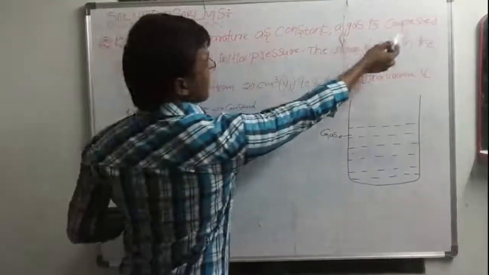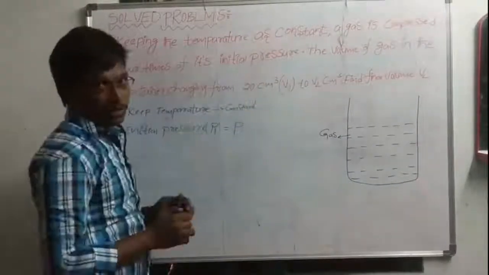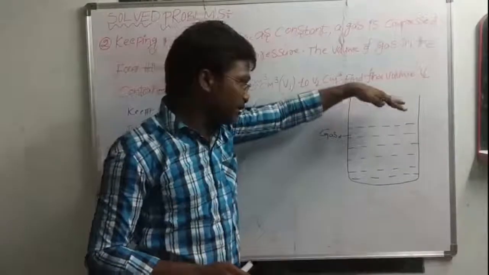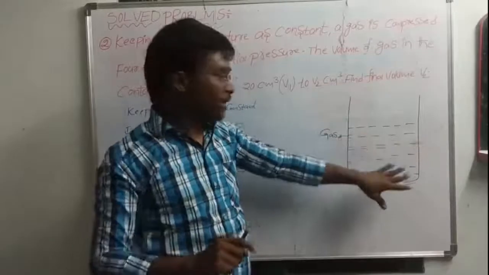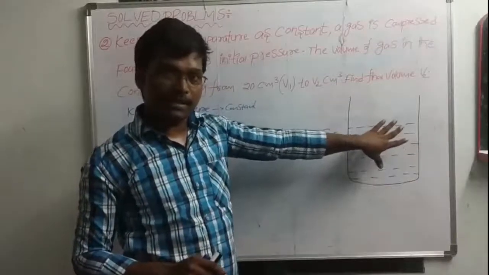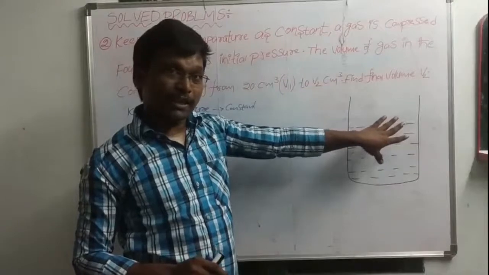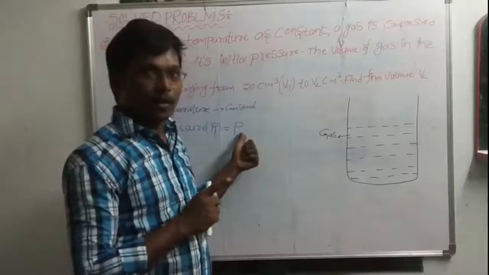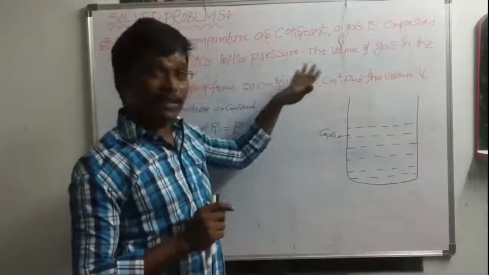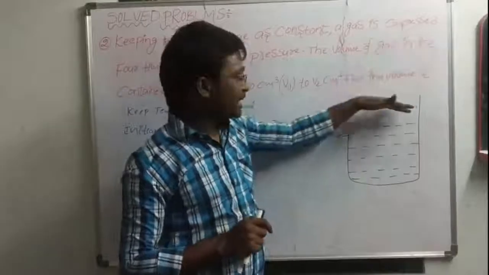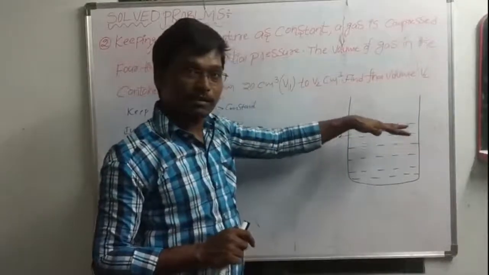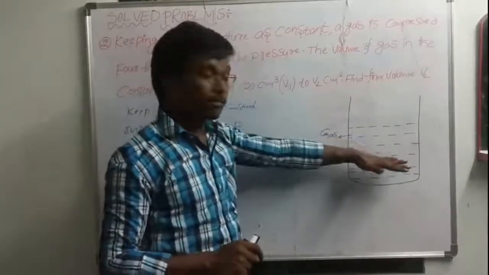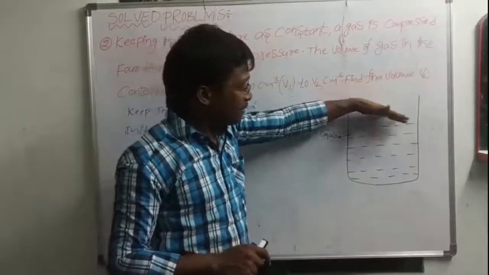Now, a gas is compressed 4 times of its initial pressure. He is compressing 4 times of initial pressure. Please listen carefully. This is the initial gas, having initial pressure P. Now what he is telling in the question is, the gas is compressed 4 times of its initial pressure.